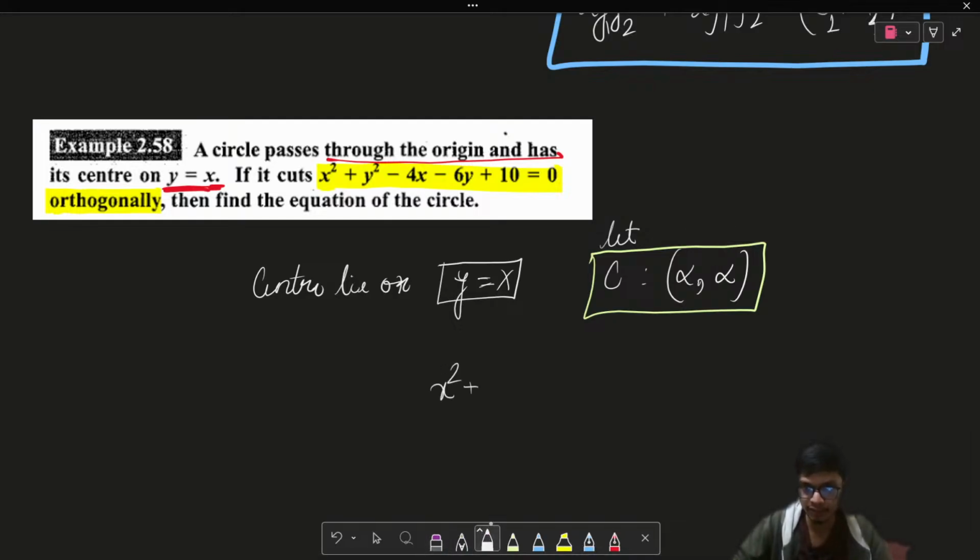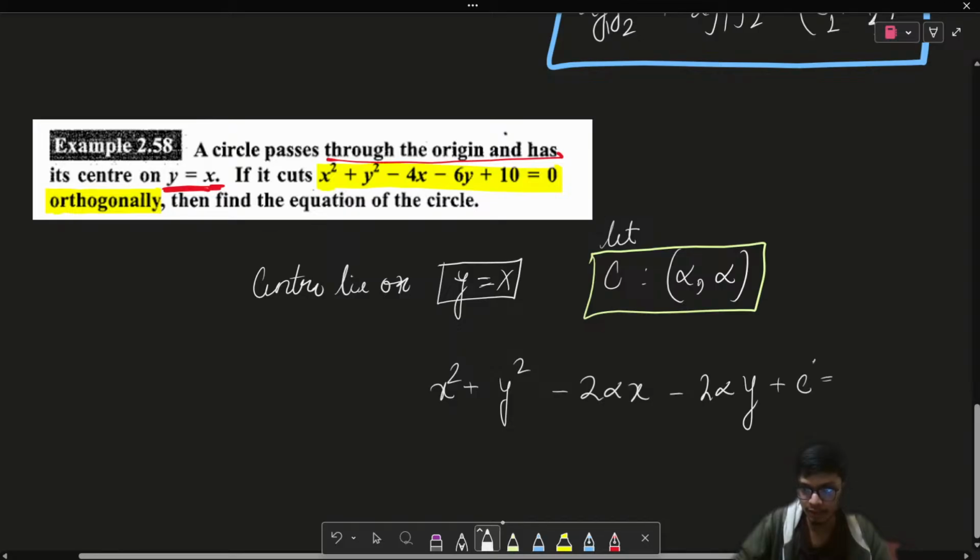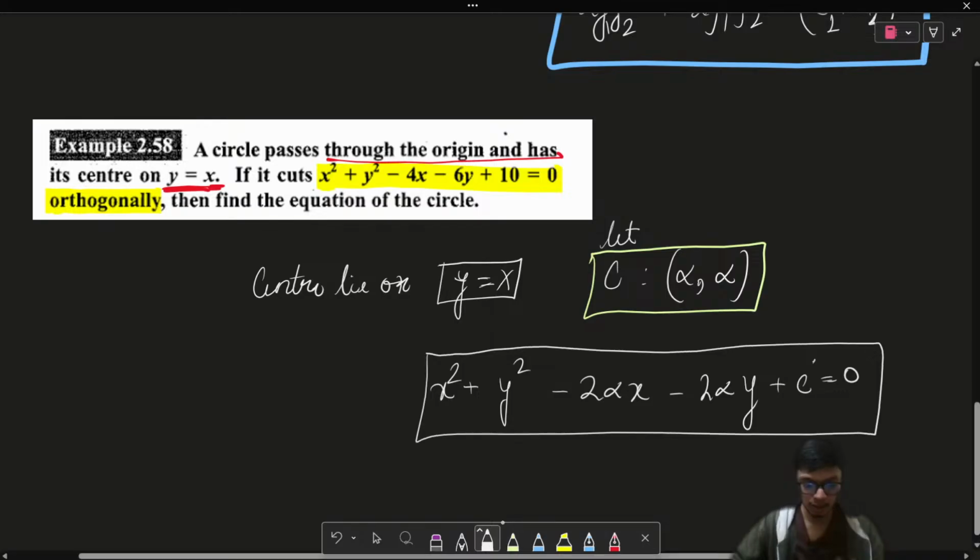If I write the equation of the circle in terms of alpha, it is going to be x square plus y square minus 2 alpha x minus 2 alpha y plus some c equals 0. That is the unknown equation of the circle.